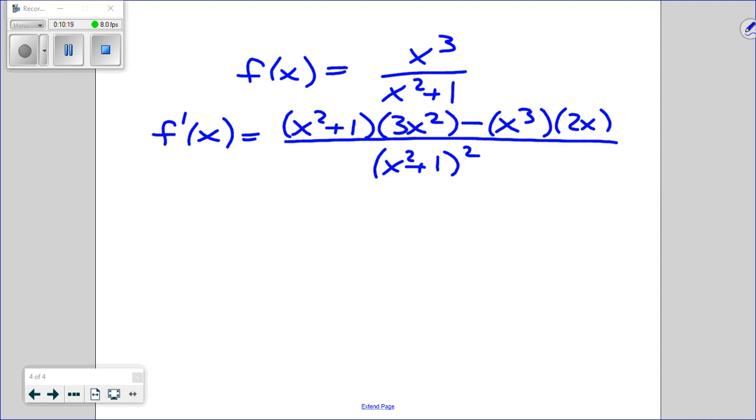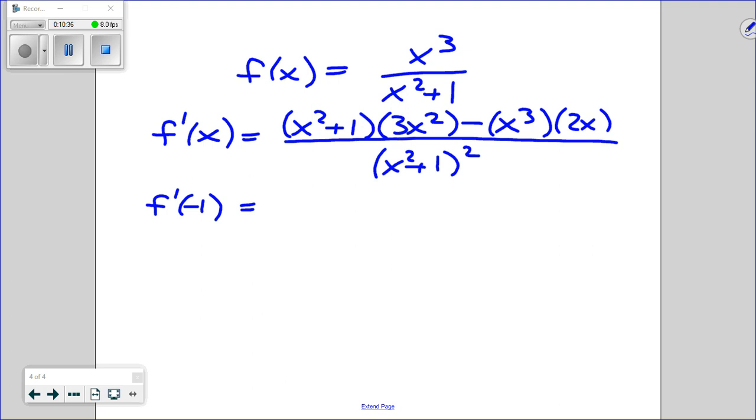Okay, and we're just going to simplify. And actually, you know what? Because I'm plugging in a -1, because I'm trying to find f prime of -1, I'm just going to go ahead and plug in -1 and not worry about simplifying.